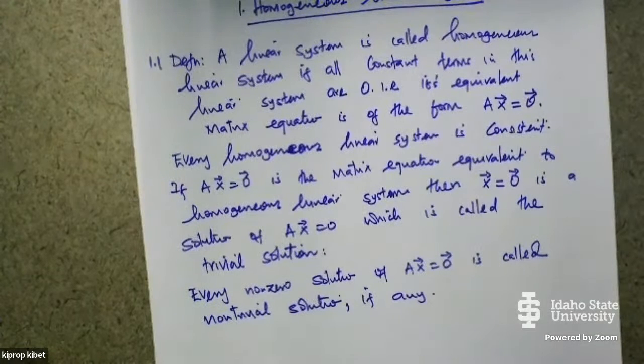So the homogeneous linear system is equivalent to AX equals 0, and it always has the trivial solution.